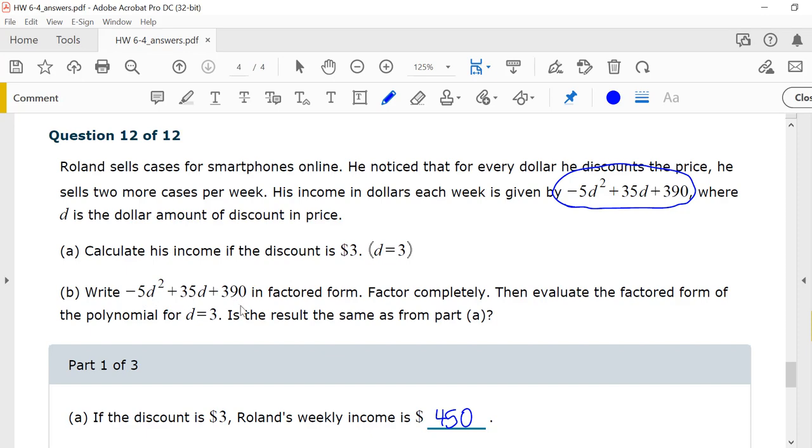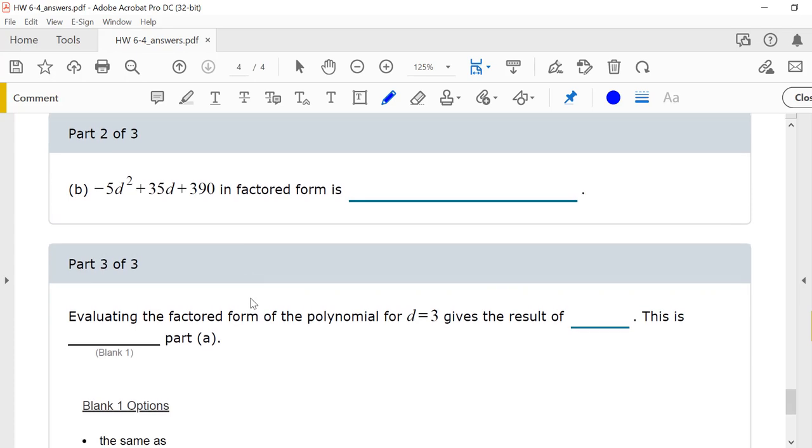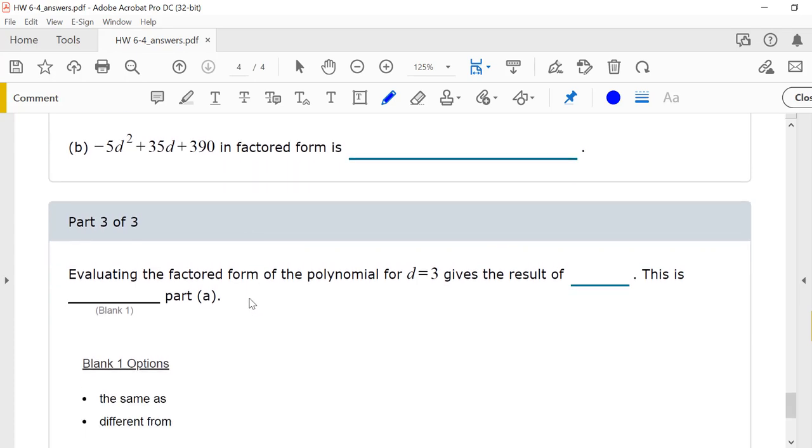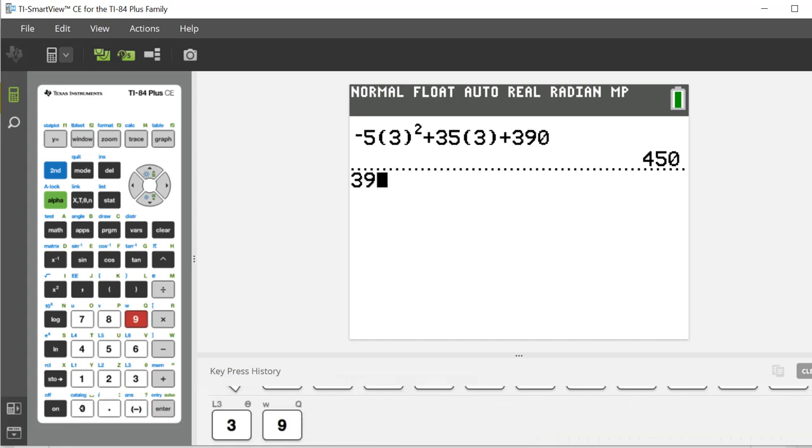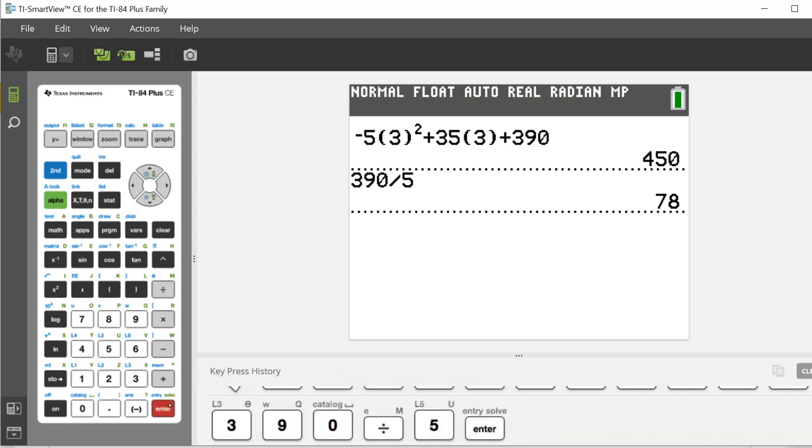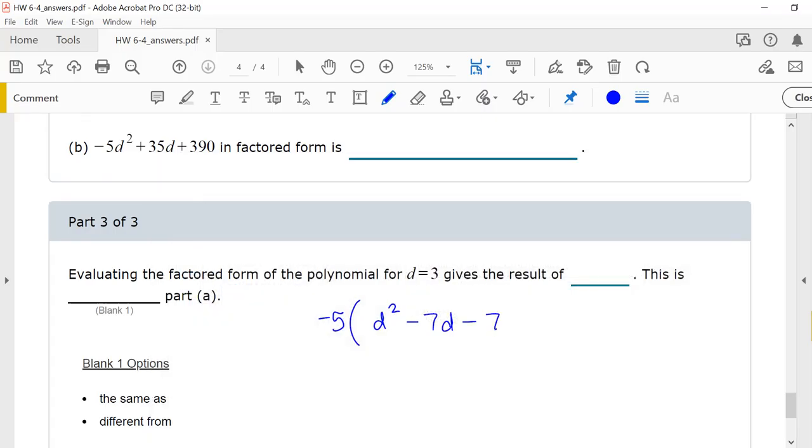And now it wants us to write that polynomial in factored form. First thing I need to do is factor out a negative 5, because that's the GCF. I'll be left with d squared minus 7d minus 390 divided by 5 is 78.